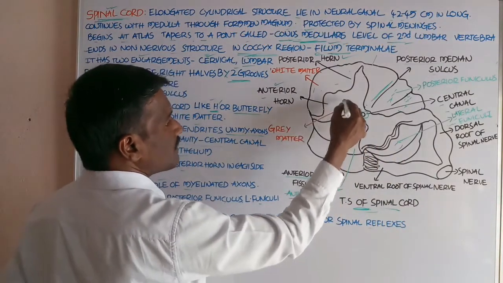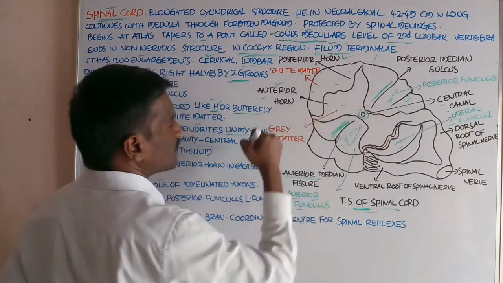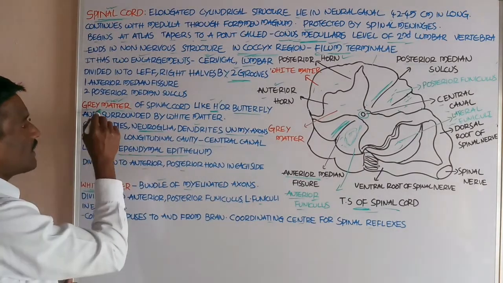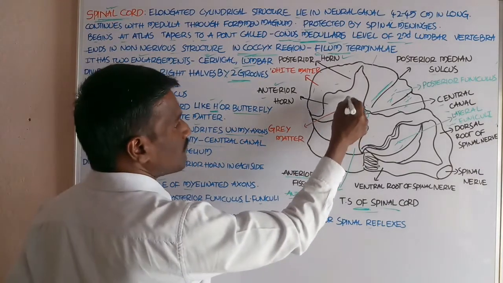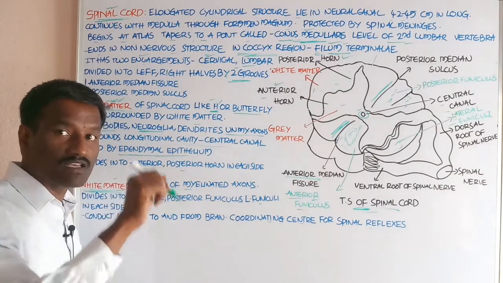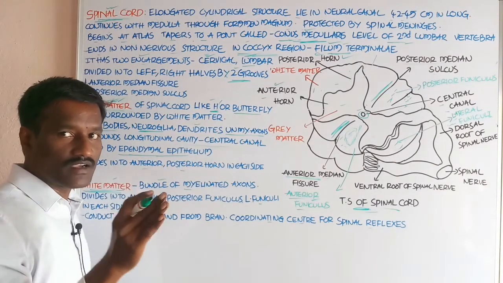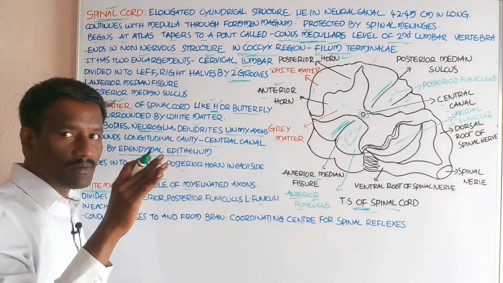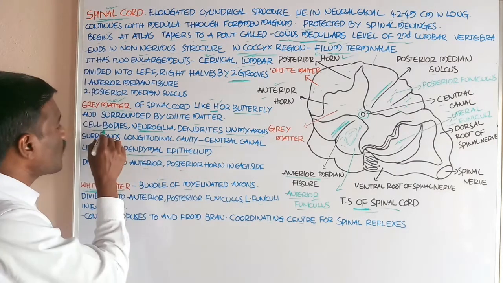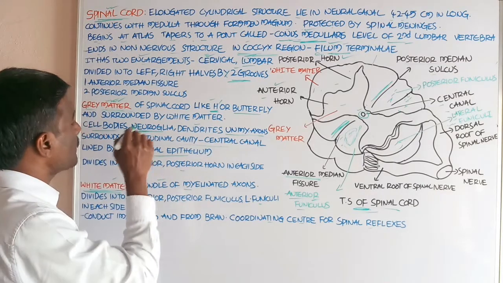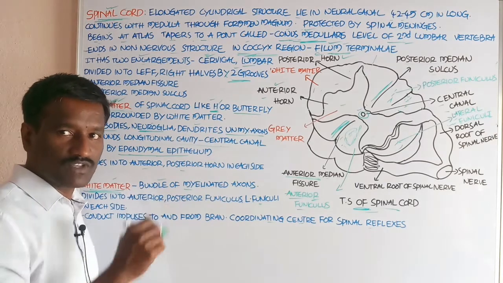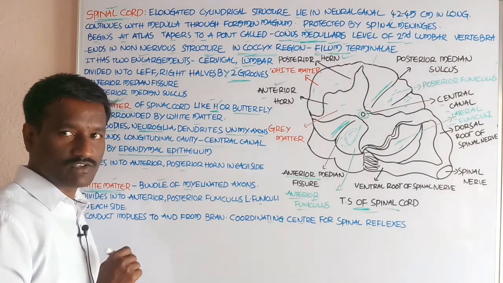Gray matter is surrounded by the white matter, and the gray matter consists of the cell bodies of neurons. Not the entire neuron is present in the gray matter; it consists only of cell bodies of neurons, and neuroglia, which are a separate type of cells present in the central nervous system.